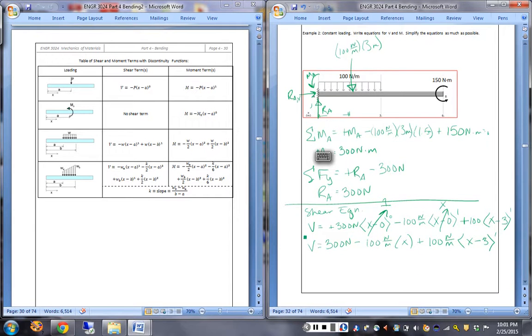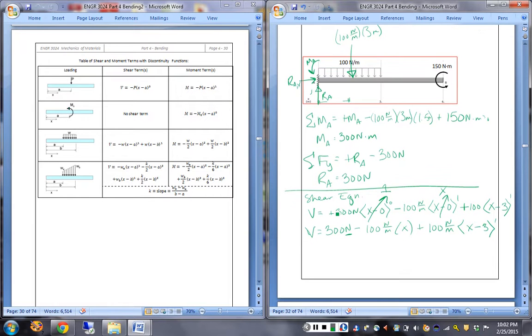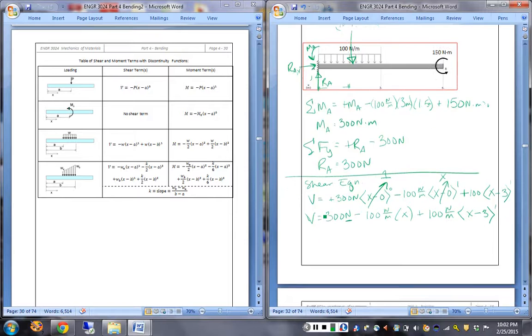Notice what the units will do to simplify out. The first term is simply newtons. The second term is newtons per meter times the distance x in meters. We'll simplify to newtons, and the same for the third term. So your units on your shear equation, as should be, is newtons.